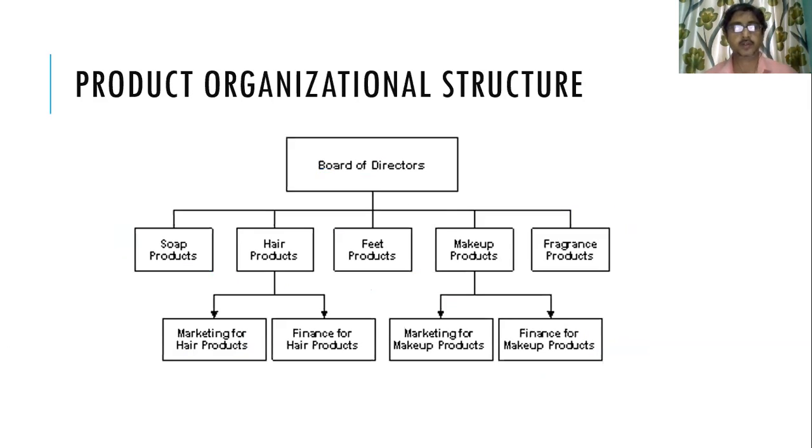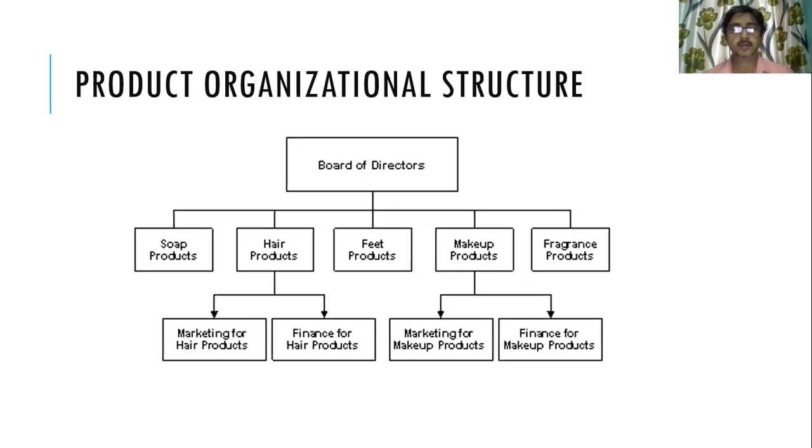This is somehow different: the product organization structure. Here, it is based on the product, not the function. For example, there is a board of directors as per this particular diagram. Soap is a product. Hair products, fit products, which are used for maintenance of the fit, then makeup products, and fragrance products.